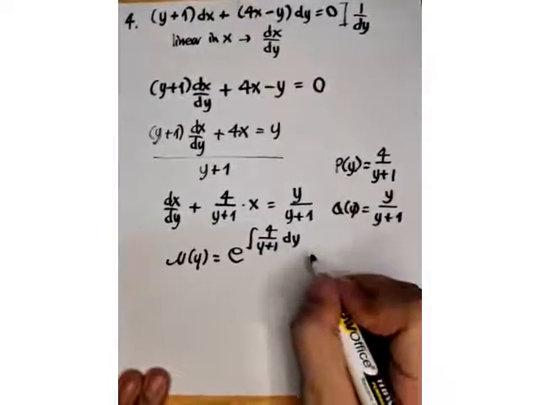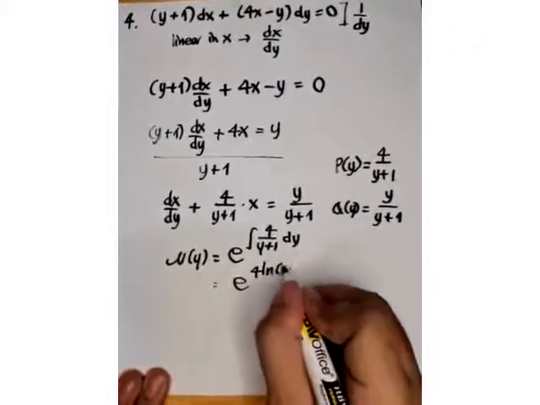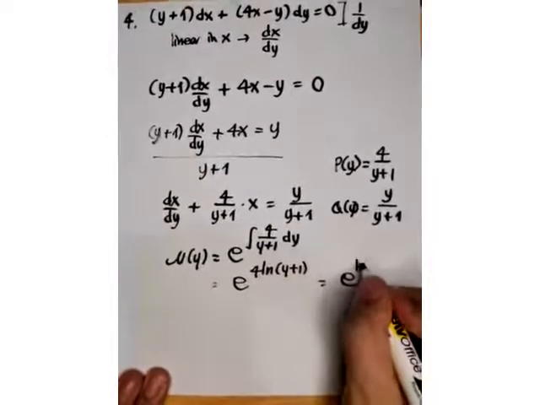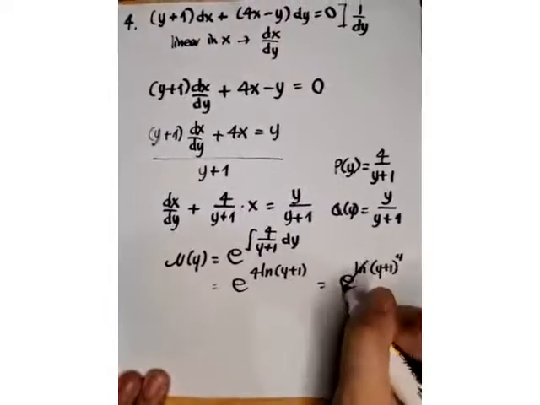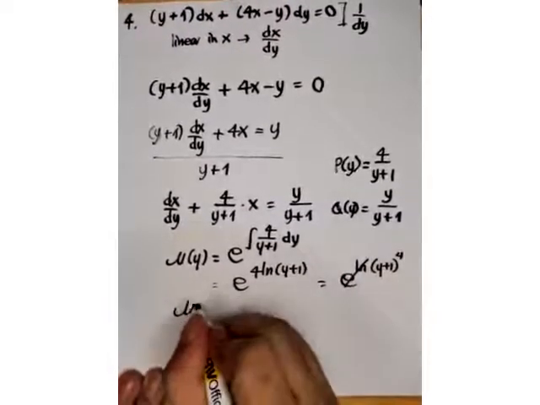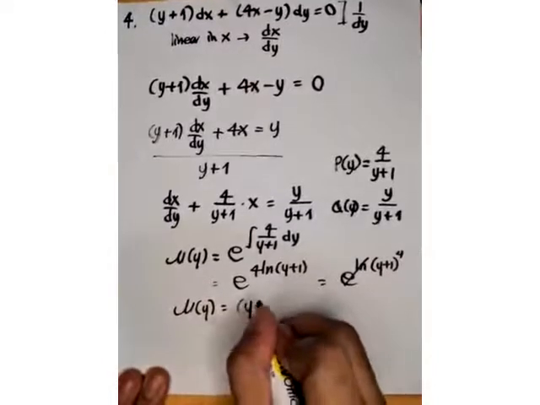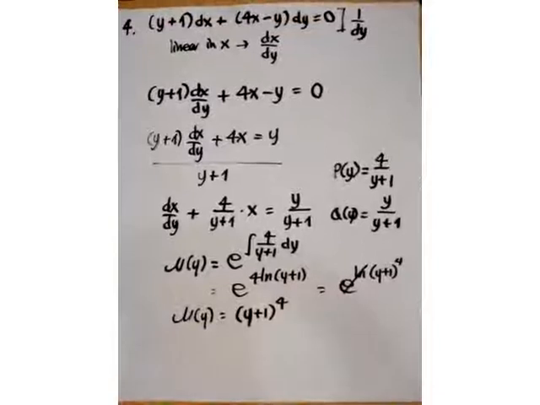Okay, so that's equal to e raised to 4 ln of y plus 1. Or we can have it as e raised to ln of y plus 1 raised to 4. And we can simplify. So that means the integrating factor is y plus 1 raised to 4. Ayan. Okay? Y plus 1 raised to 4.